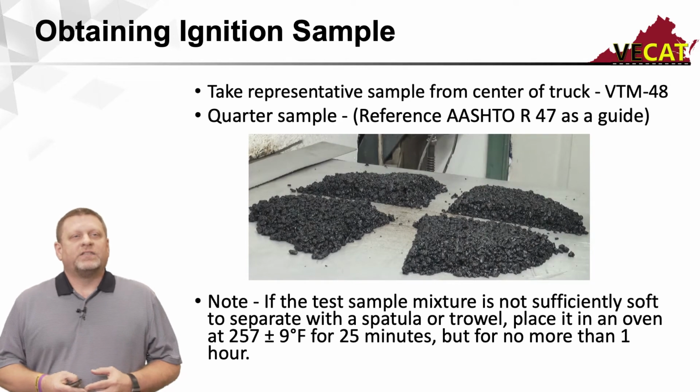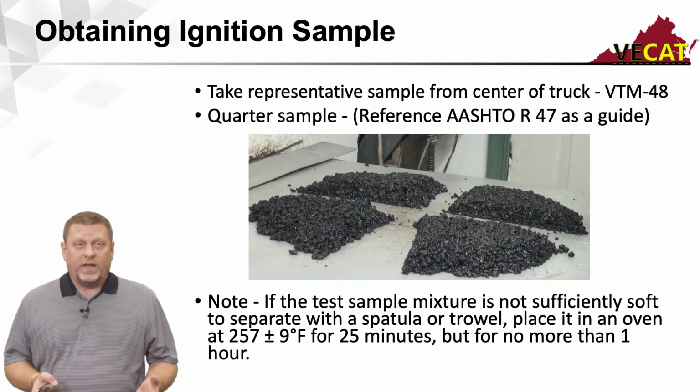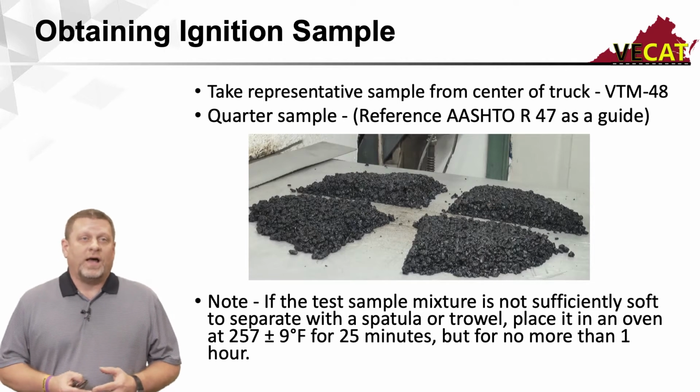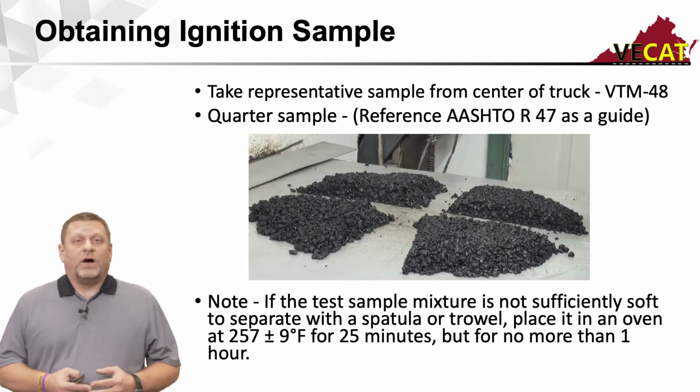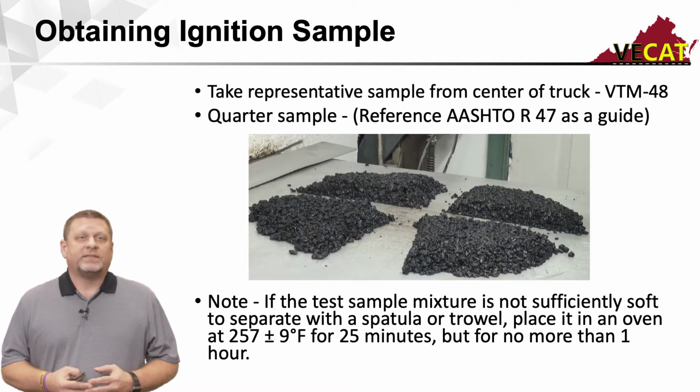To obtain our ignition sample, we take a representative sample from the center of the truck according to VTM 48, which has been covered in the Plant 1 class, and then you quarter it down, also covered in the previous class, according to AASHTO R47.